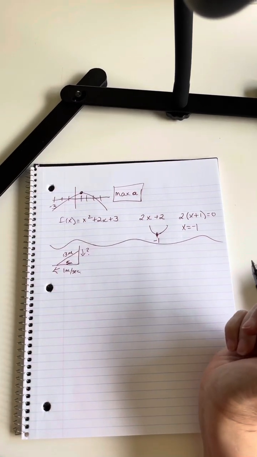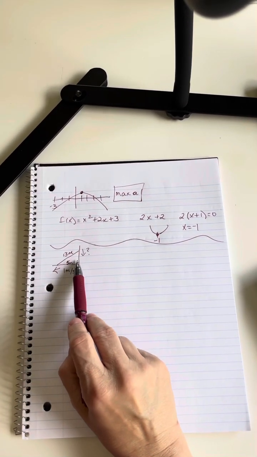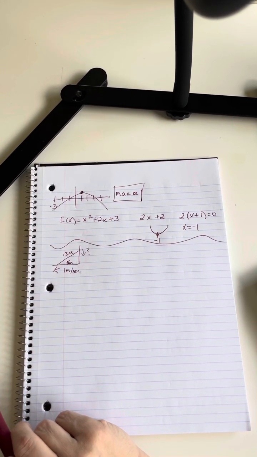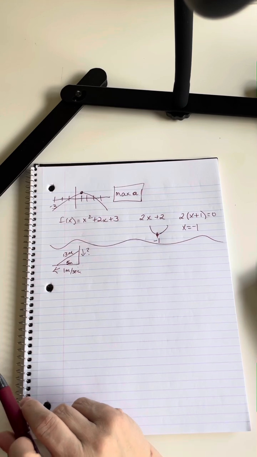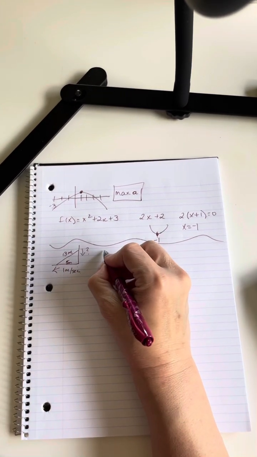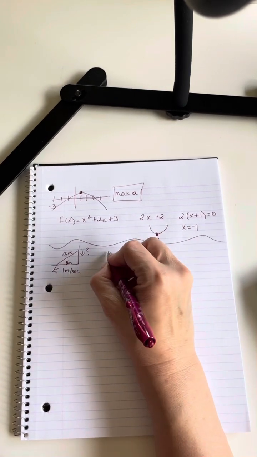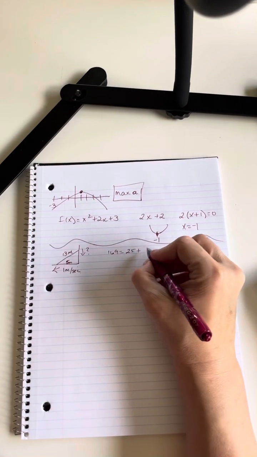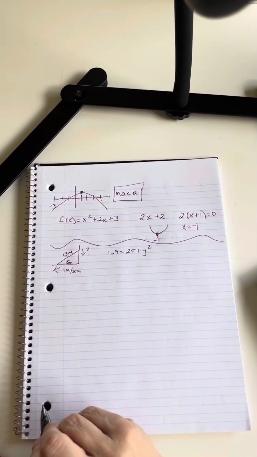I have no equation, but I do know that if I have a wall, this is a 90-degree angle, therefore this is a right triangle. So I can find this height. 13 is the hypotenuse, so 169 equals 25 plus, we'll call it our y squared.